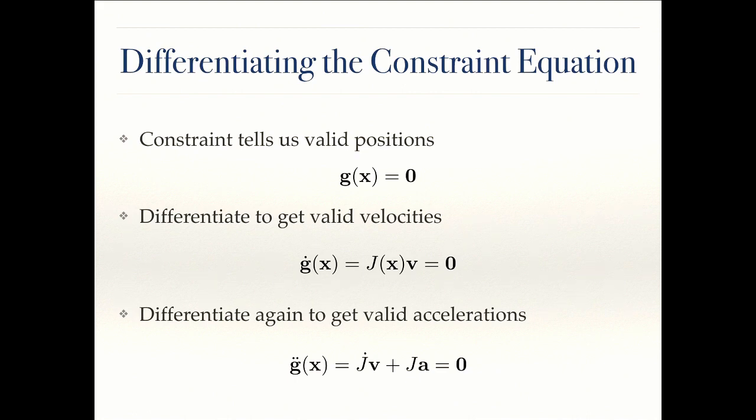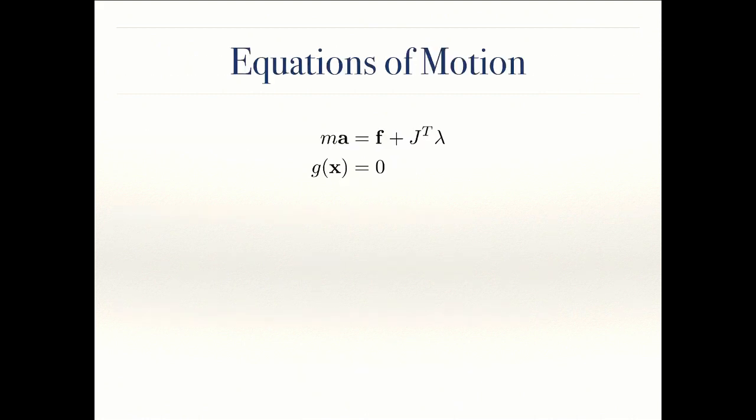Mathematically, they should hold, because we are just taking a time derivative of our original equation. So we still have a true equation. And they tell us something about legal positions, velocities and legal accelerations. So to solve this system, instead of using the original constraint equation, we'll use a twice differentiated one here.